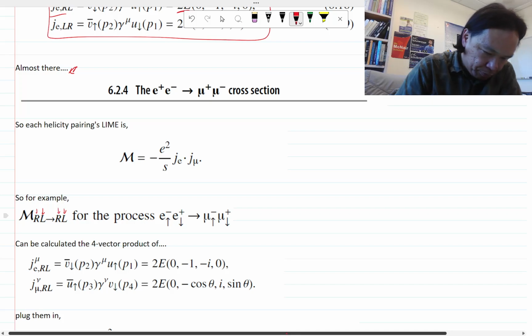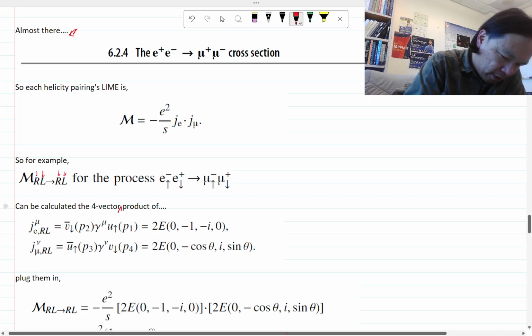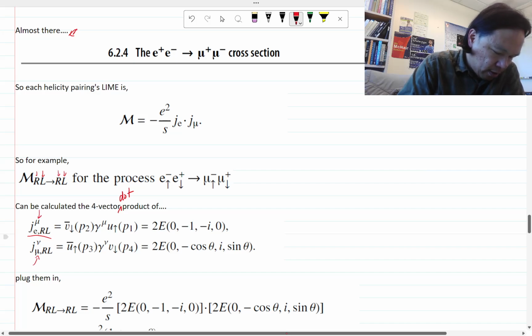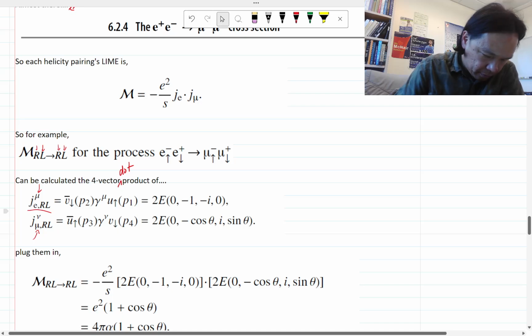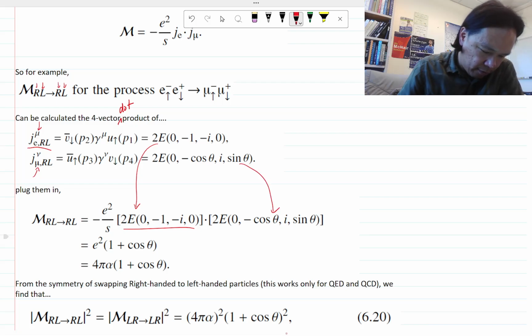So this can be calculated by just taking the vector dot product, oops, forgot the dot here, of basically J, the electron current mu, with the muon's current nu. When we do this dot product calculation, we just write out their four vectors. So this is just a copy of this. This is just a copy of that.